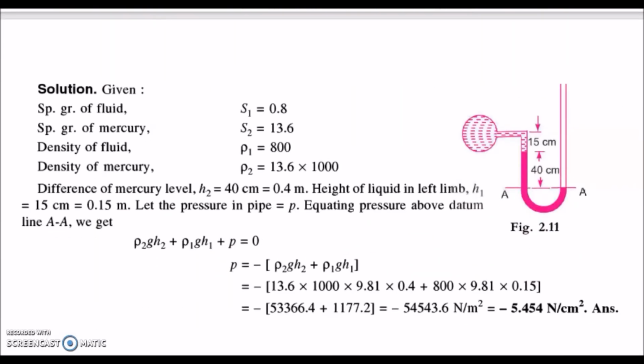For the right limb, or right column, it is 0. So we have density 2 times gravity times H2. H2 is 0.4 here, converting cm to meter. This is for mercury. And then for oil, the density is 800, and the height is 15 cm, converting it to meter is 0.15.